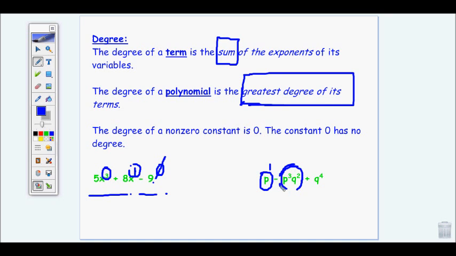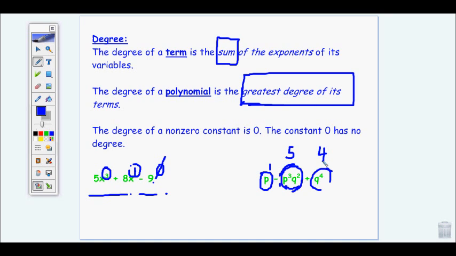And I'm going to find the sum of its exponents. So its degree is 5. And then this is my last term, and its degree is 4.